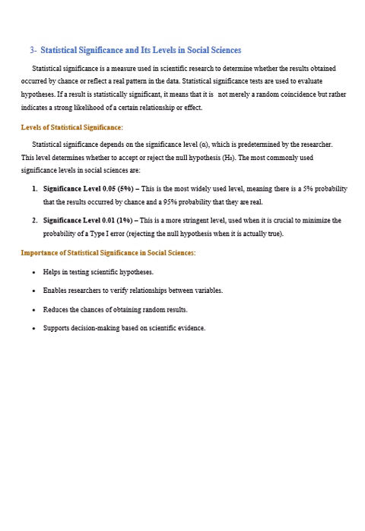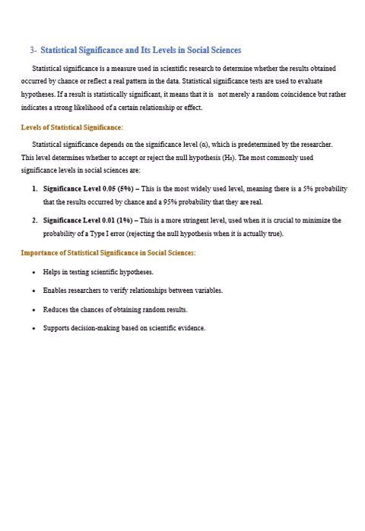This is the most widely used level, meaning there is a 5% probability that the results occurred by chance and a 95% probability that they are real. Significance level 0.01, 1%. This is a more stringent level, used when it is crucial to minimize the probability of a type 1 error, rejecting the null hypothesis when it is actually true.